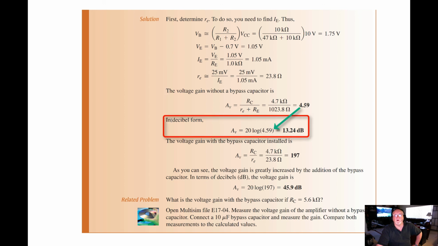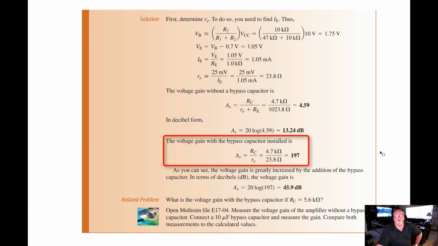In decibel form, then we say AV is, so we go back to our relationship, 20 times the log. So we're going to take 20 times the log of that unitless number, that figure of merit, multiply it, we get 13.24 dB. The voltage gain with the bypass capacitor installed then is R sub C over r sub E, as we've seen before, 197, quite a difference there.